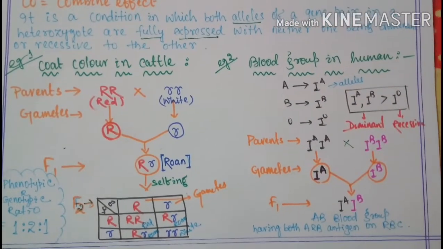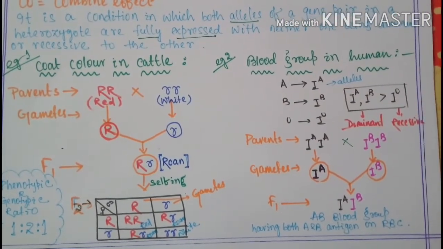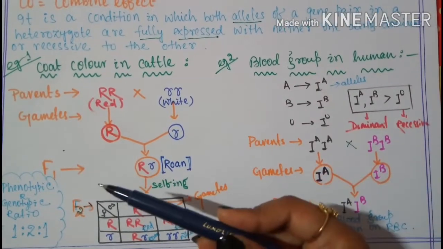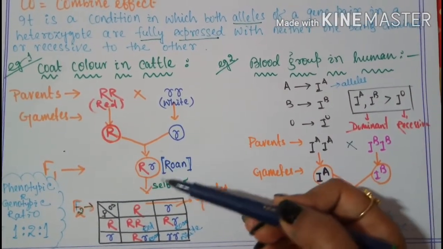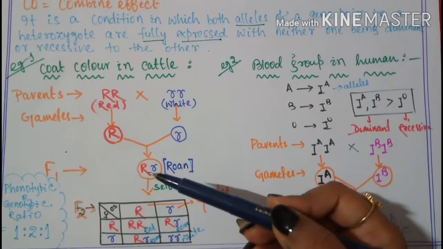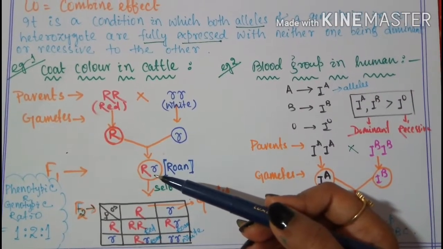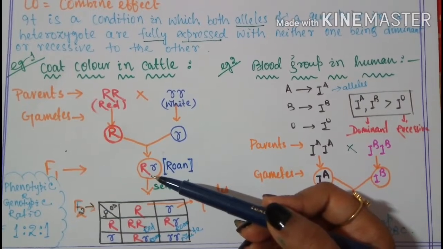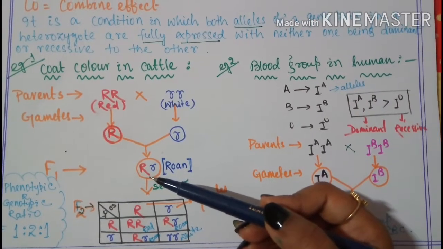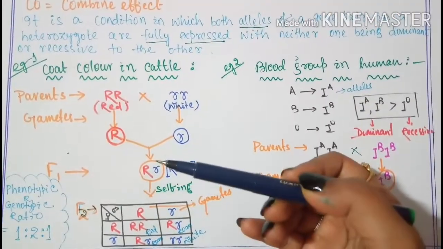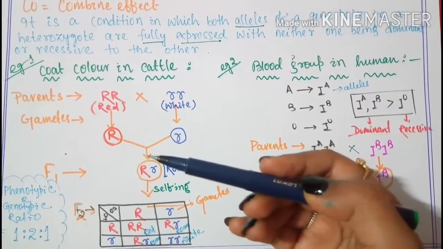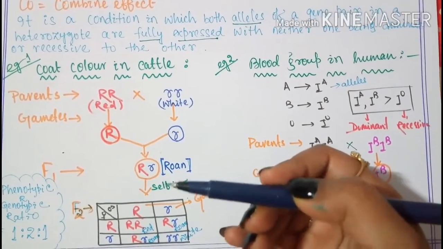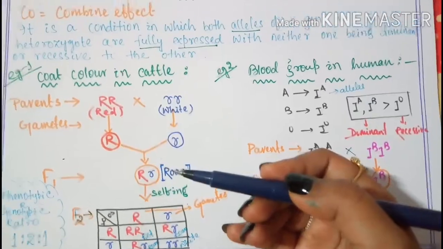As you remember, in incomplete dominance we saw the F1 generation plants having new characters. In this case, there is also the formation of new characters in the F1 generation. So, what is the difference between incomplete dominance and codominance? In incomplete dominance, there is a blending or mixing of characters in the F1 generation.